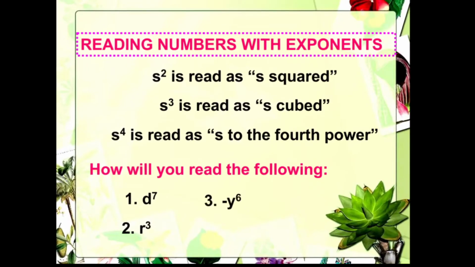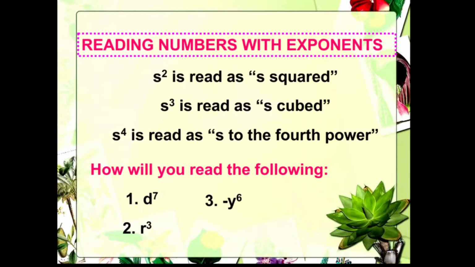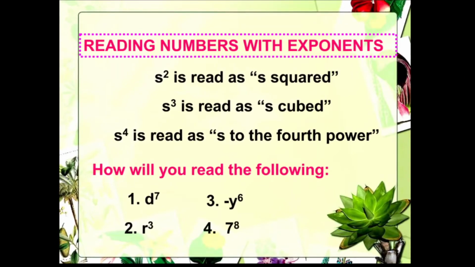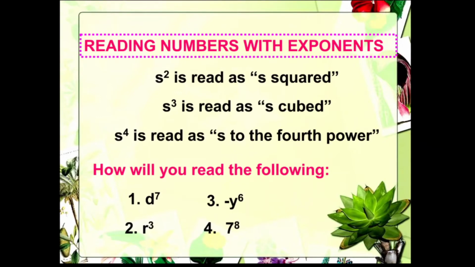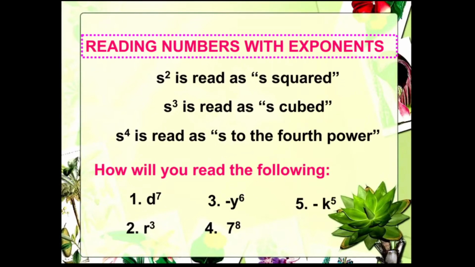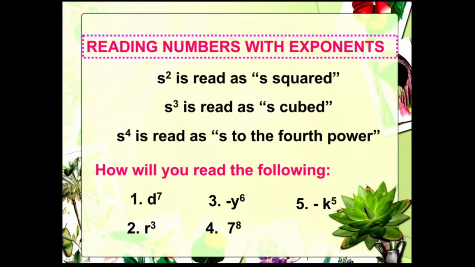Number 3, our exponent is 6. That is negative y to the 6th power. Number 4, we have 7 to the 8th power. Number 5, negative k to the 5th power.